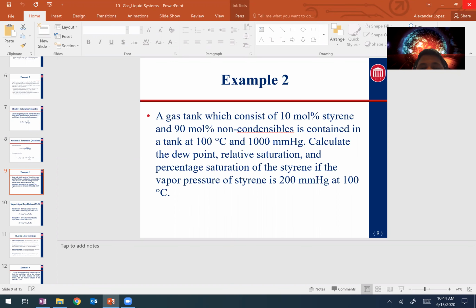It's 100 degrees C and 1,000 millimeters of mercury. How can we calculate the dew point, the relative saturation, and the percent saturation of styrene if the vapor pressure is 200 millimeters of mercury at 100 degrees C?